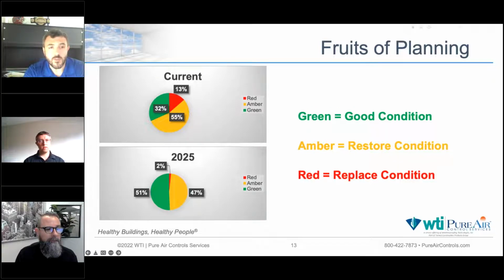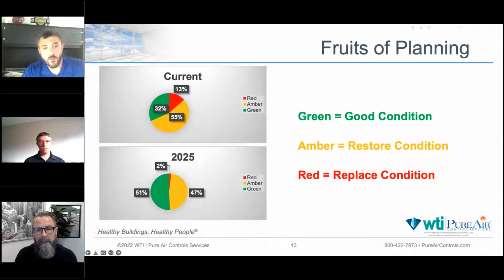They've got some work to do there. And through replacements and through taking advantage of restoring the units that could be restored because they hadn't fallen into such disrepair that it was too late, you start attacking based on available capital budget every year, a little bit here, a little bit there, lower that red, and even lower that yellow.